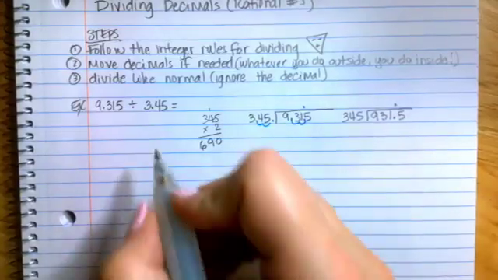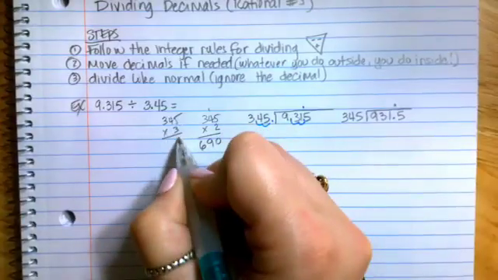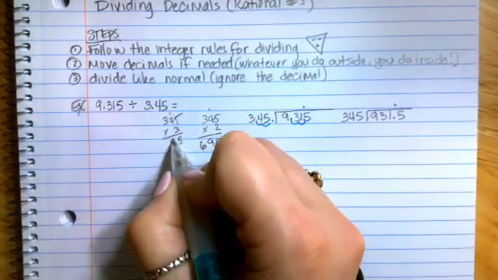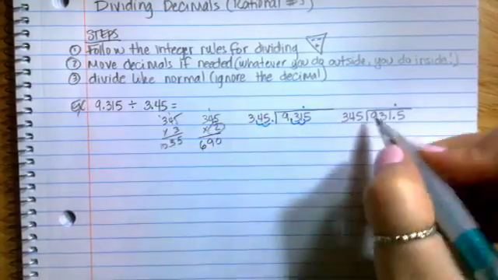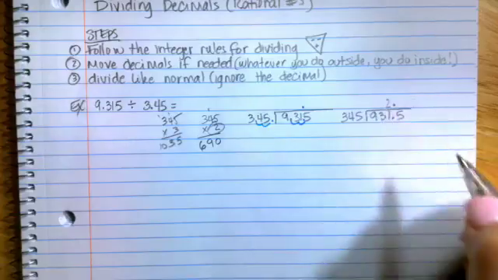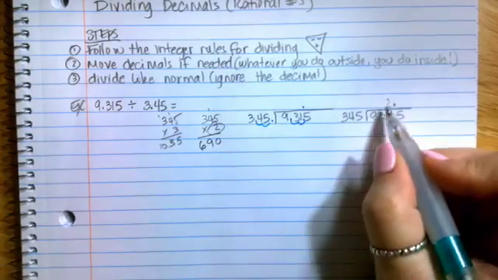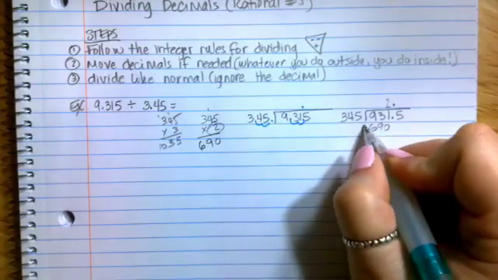If we go one more over, trust me, it's too big. You get 15, 13, 9, 10. Too big. So I got to stick with 2. So I am going to put that 2 over the last digit of the number I'm going into. Okay. So we know 345 times 2 is 690.